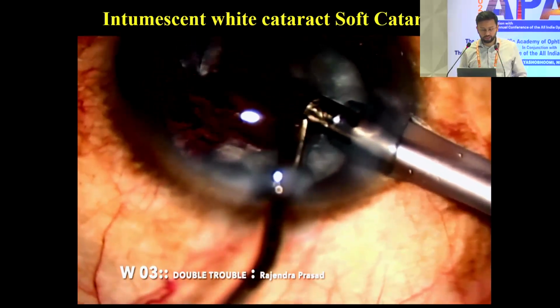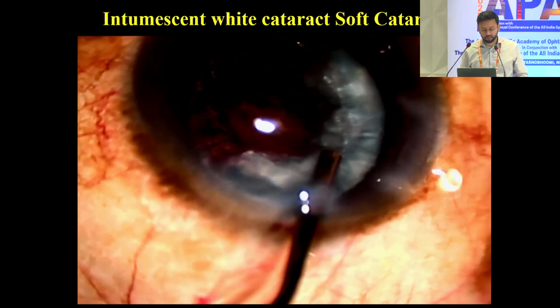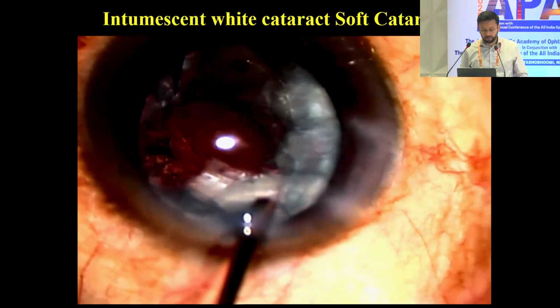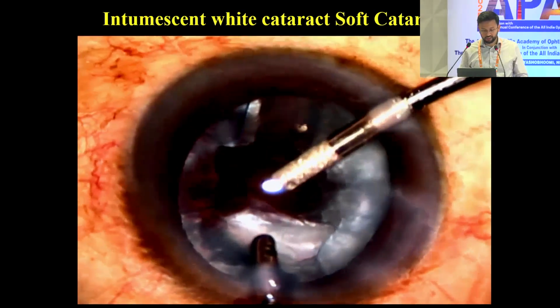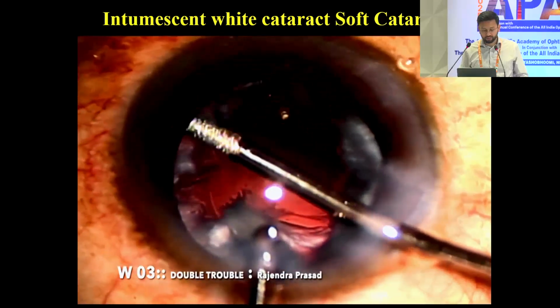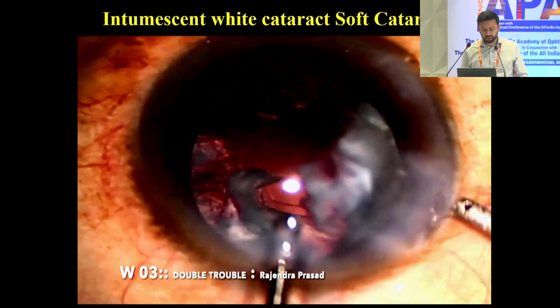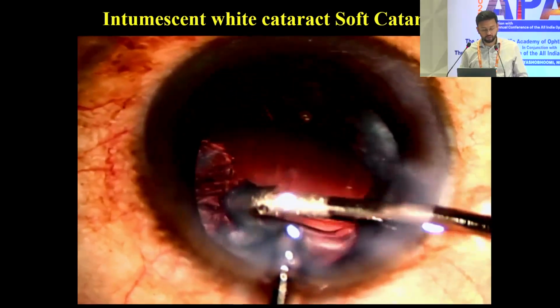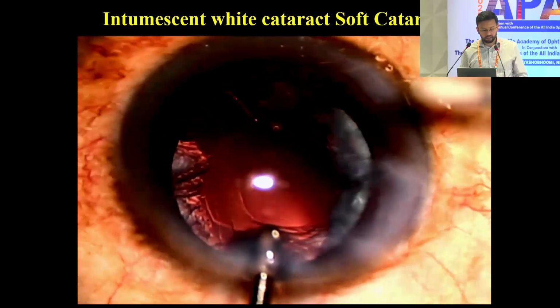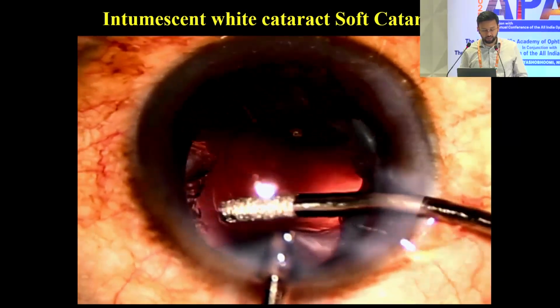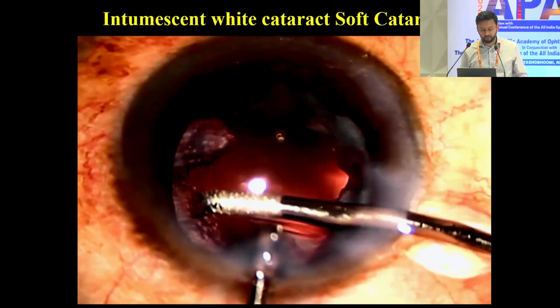We removed the nuclear fragments, and the rest of the cortical fragments we attempted to remove through the main incision. So the key step is to continue irrigating and put lots of viscoelastic, preferably dispersive. And here you can see we are pulling out the fragments one by one directly through the main port.